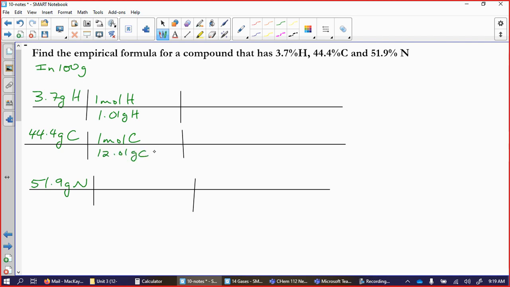These are all carbon, hydrogen, nitrogen. They technically can be any compound. We do our division.